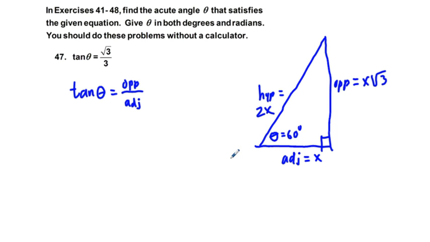What we're going to have for the tan of 60 degrees is our opposite, which is x square root of 3 over x, which simplifies to square root of 3.